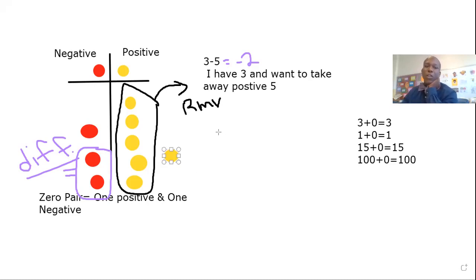Then you say, how many positives do we have on our board? The answer is 1, 2, 3, 4, 5, 6. But we only need to take away how many? 5. So if we were to go ahead and remove the 5, notice we still would have 1 red, 1 negative, 1 yellow, 1 positive.